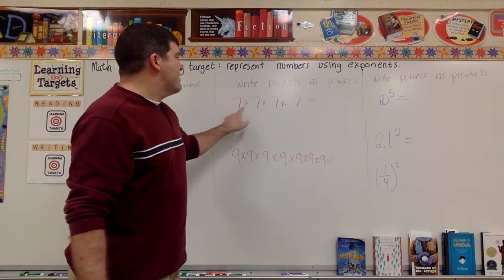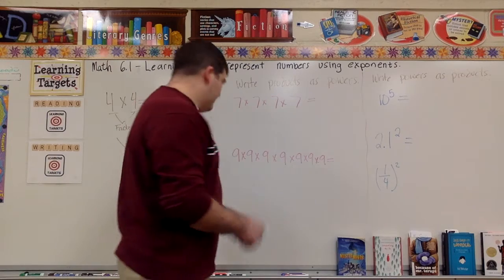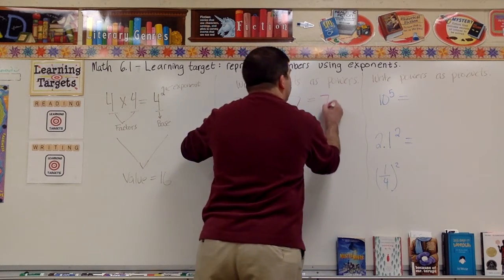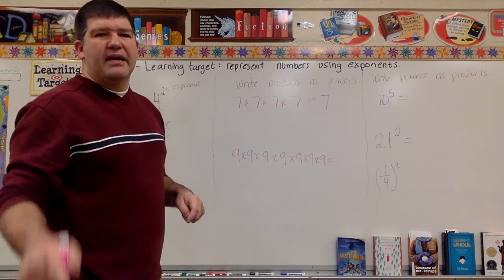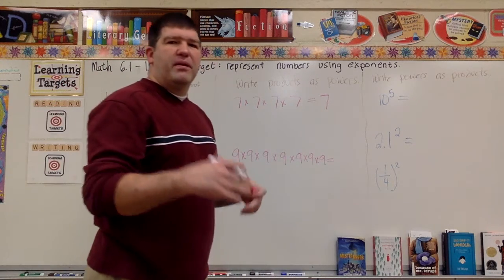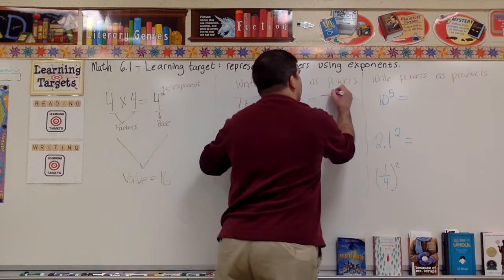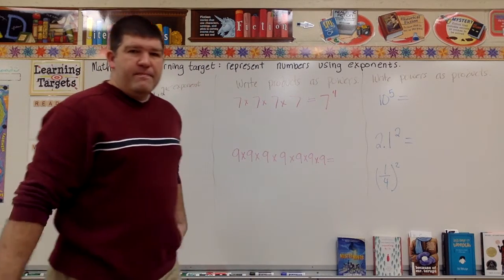So this one, I have 7 times 7 times 7 times 7. All my factors are 7. My base is going to be 7. And now my exponent is how many times am I multiplying 7 together? 1, 2, 3, 4. 7 to the 4th. Okay?